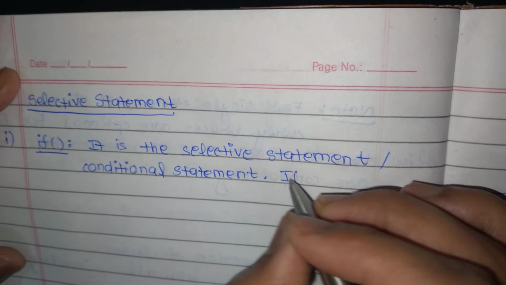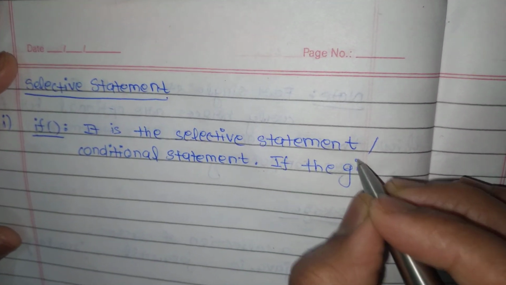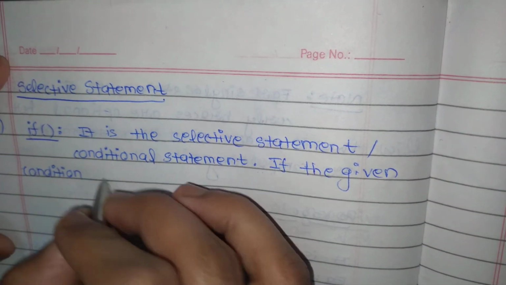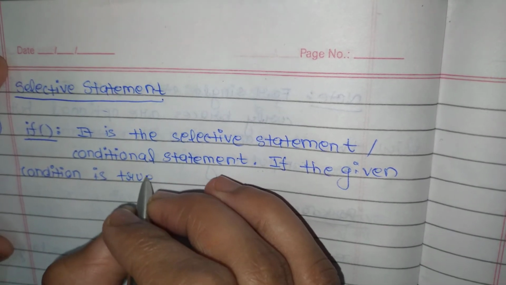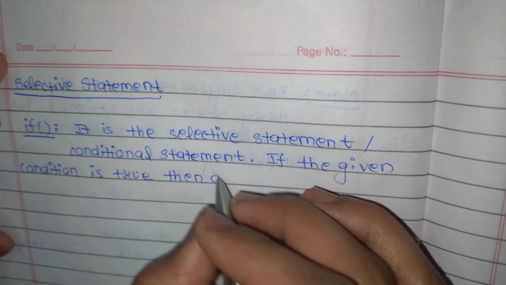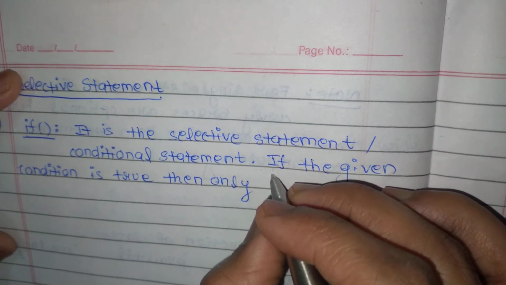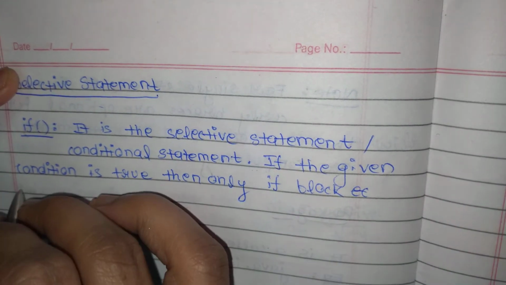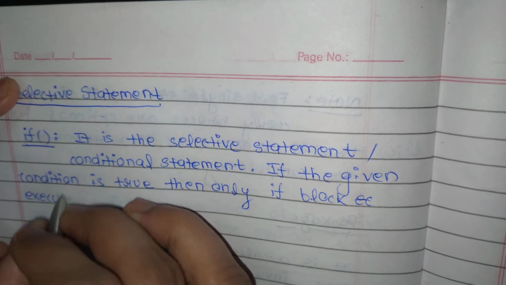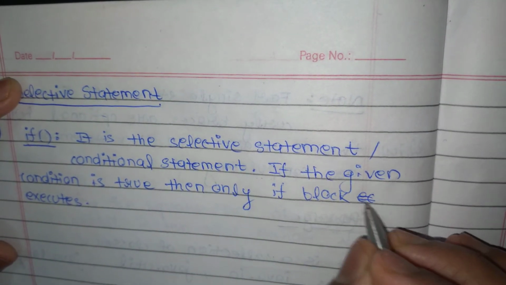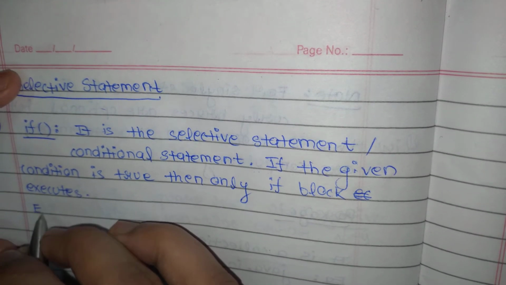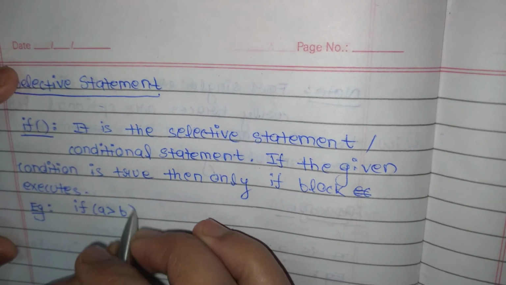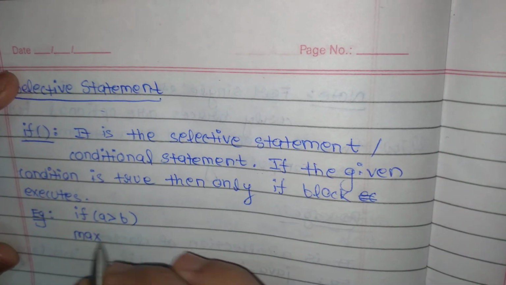If the given condition is true, then only the if block executes. If block means if condition. Now example, suppose I am giving here if a is greater than b, then maximum or max will be a.